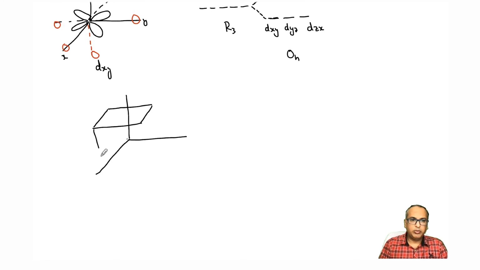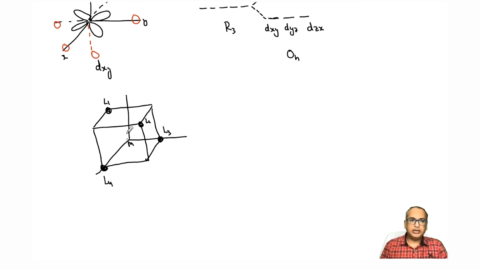I'm drawing a cube around this so that drawing a tetrahedral arrangement would be easier. There are 4 ligands now which are approaching from these sides. This is my metal, and L1, L2, L3 and L4.